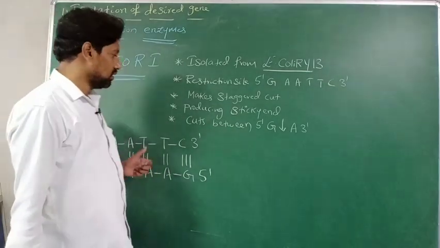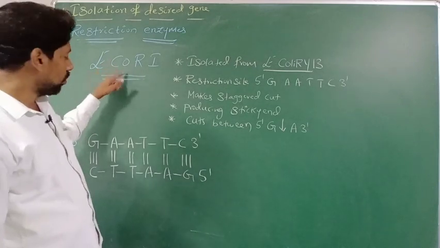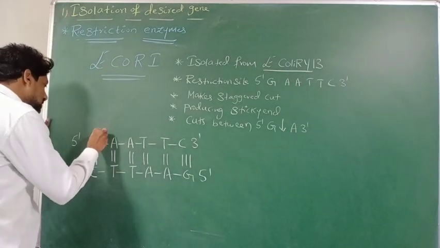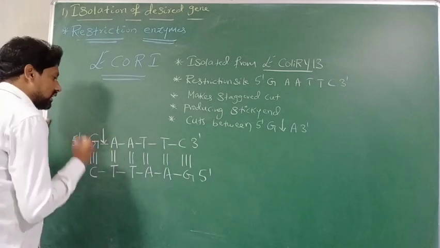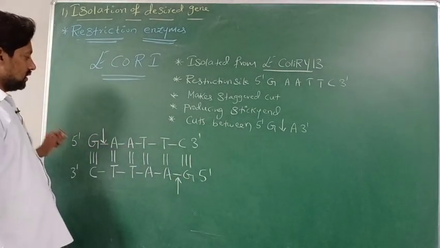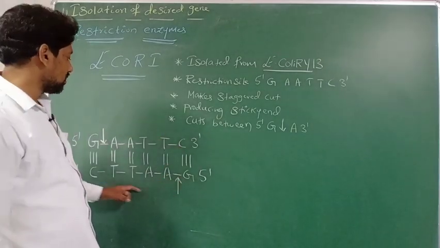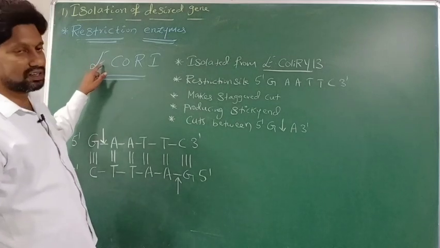Okay, right? Now listen to this statement. Eco R1 is making a cut between what and what? G and A. Yes or no? Right. Now see here carefully. This is the restriction site or recognition site of Eco R1.